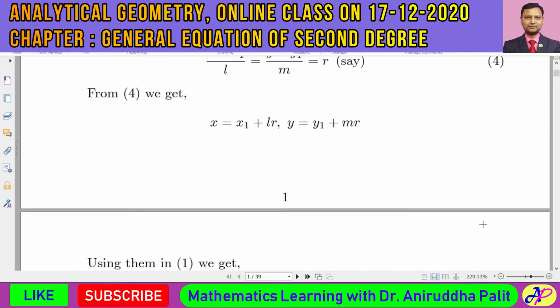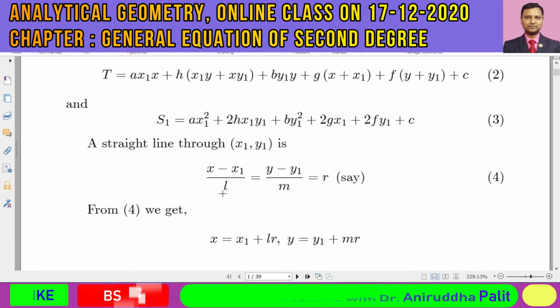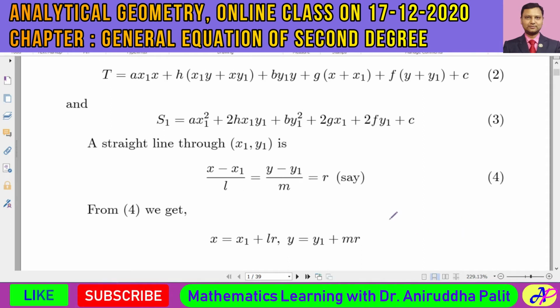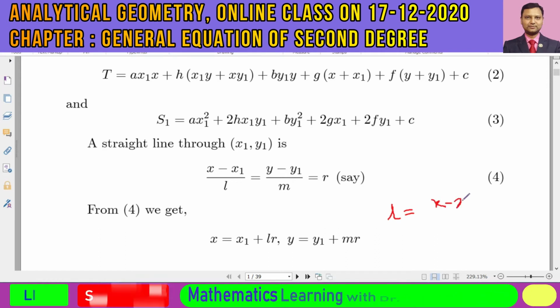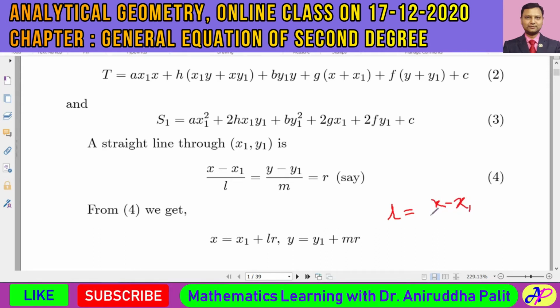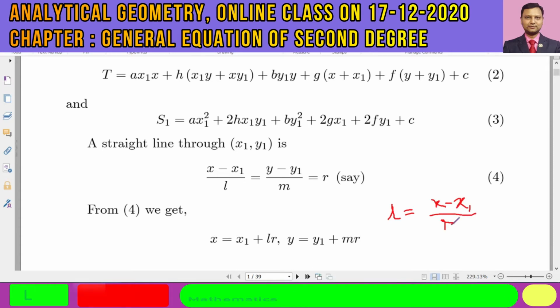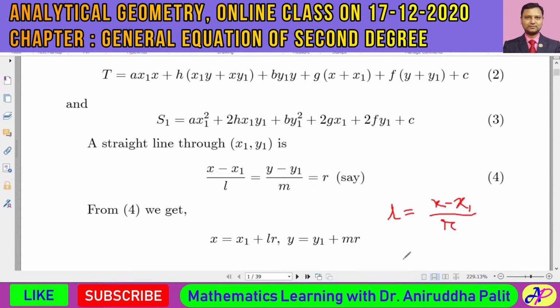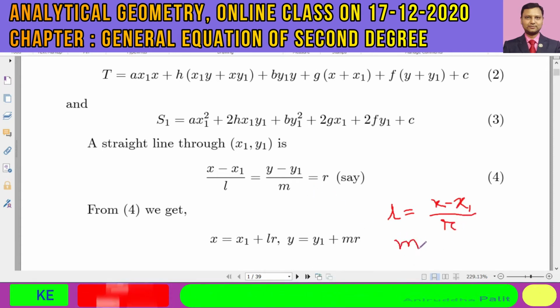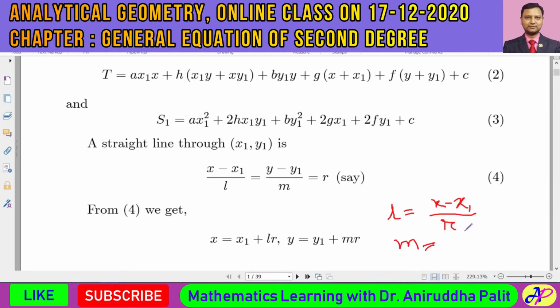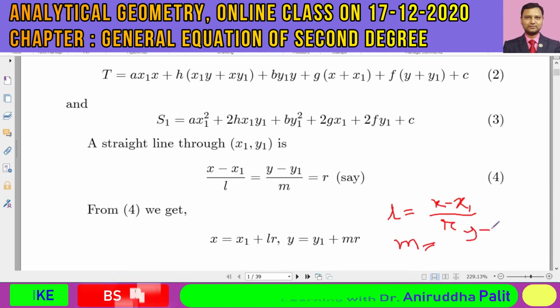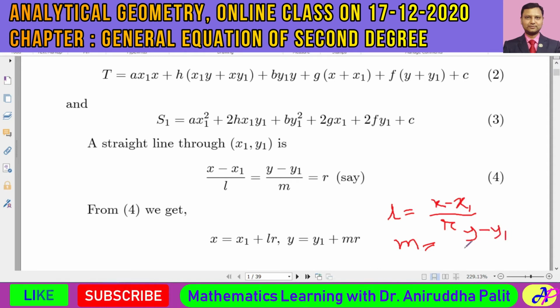What is small l? This small l from equation number 4 can be written as x minus x1 divided by r. Similarly, this small m can be written as y minus y1 divided by this quantity r.